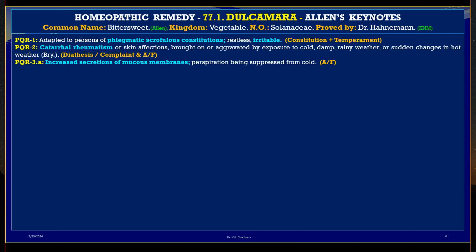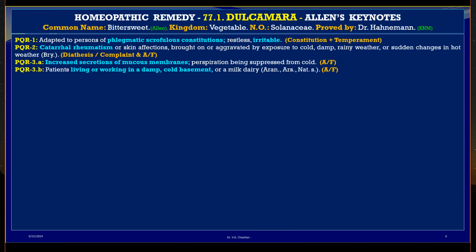Exposure to cold is an exciting cause, triggering cause. What is suppressed? Perspiration is suppressed. Natural discharges are suppressed, so psora is activated. Whenever natural discharges are suppressed, it gives rise to a flare of psora.